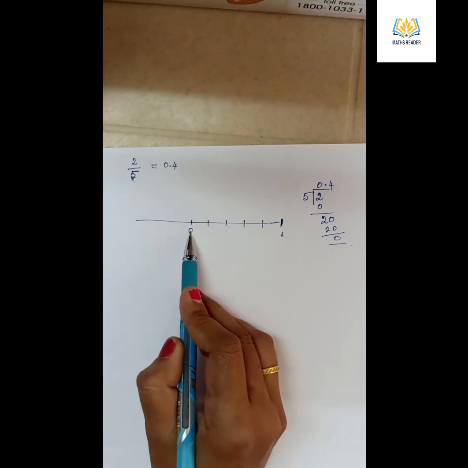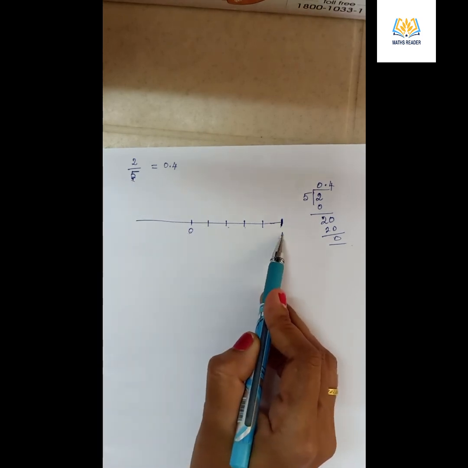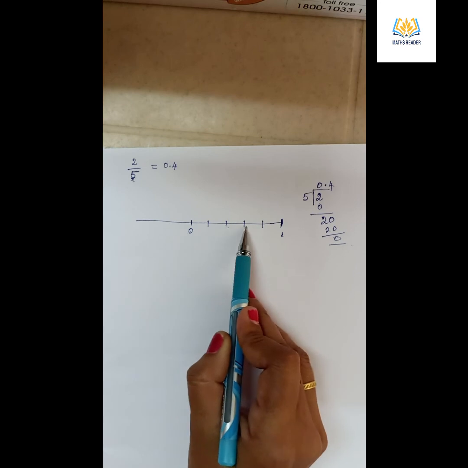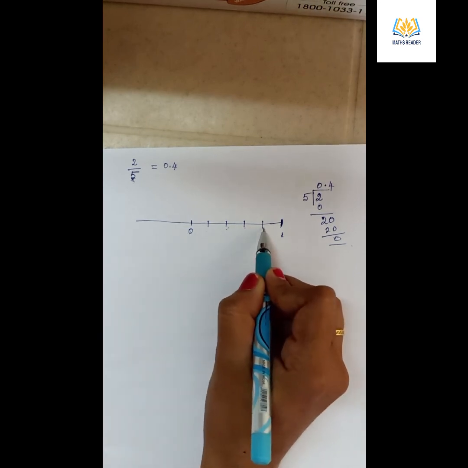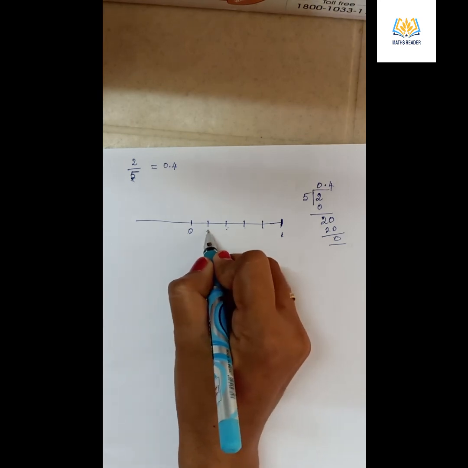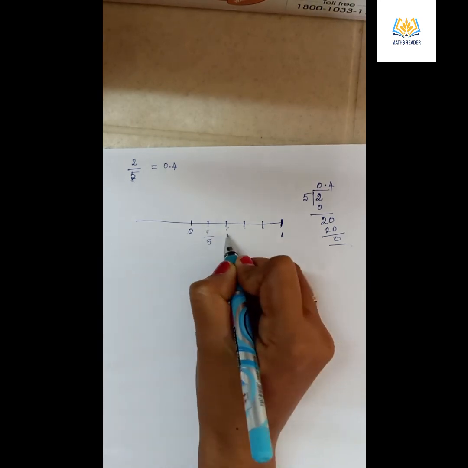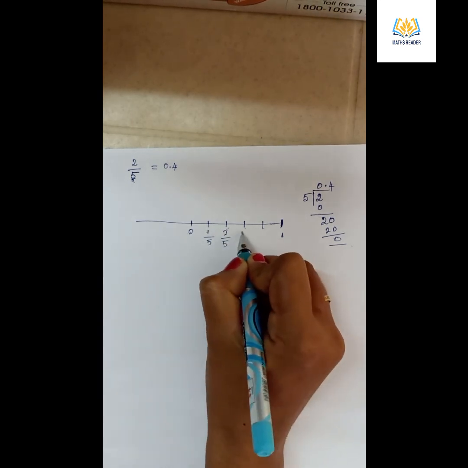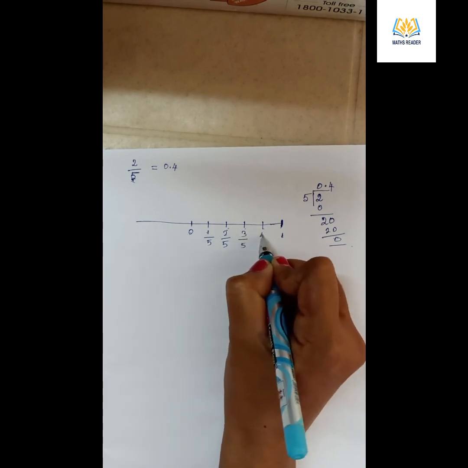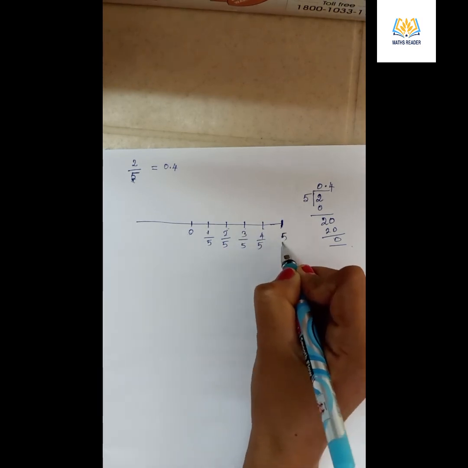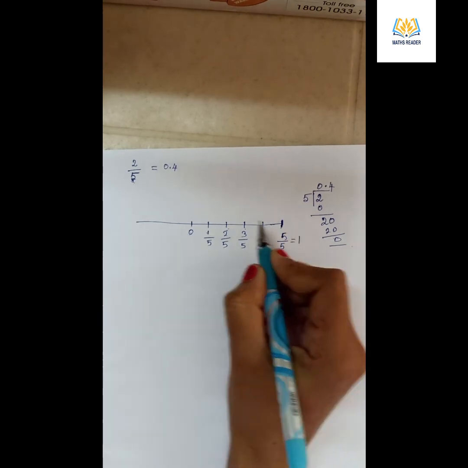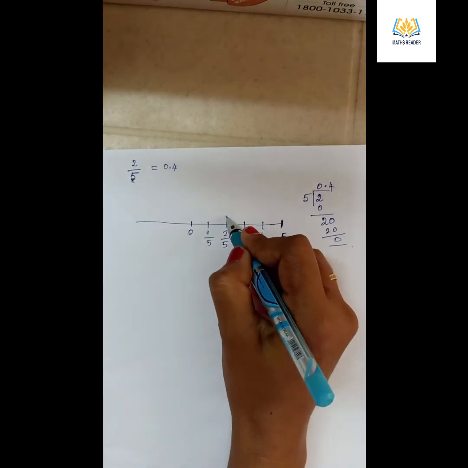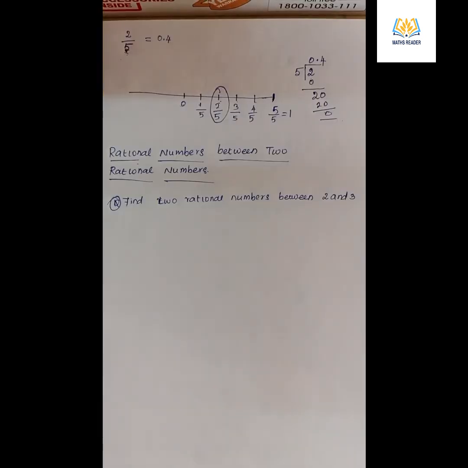We need to divide this 0 to 1 gap into 5 parts: 1, 2, 3, 4, 5. Each line represents one part. So this is 1 by 5, this one is 2 by 5, 3 by 5, 4 by 5 and this is 5 by 5, which is equal to 1. So this point is located here.